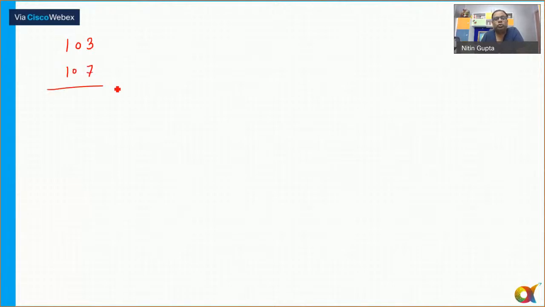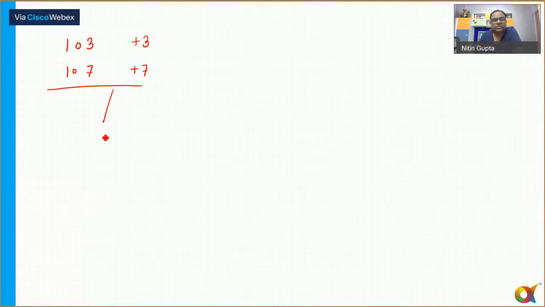You need to find how much greater or less than 100 these numbers are. 103 has a surplus of 3, so write plus 3. 107 has a surplus of 7, so write plus 7.